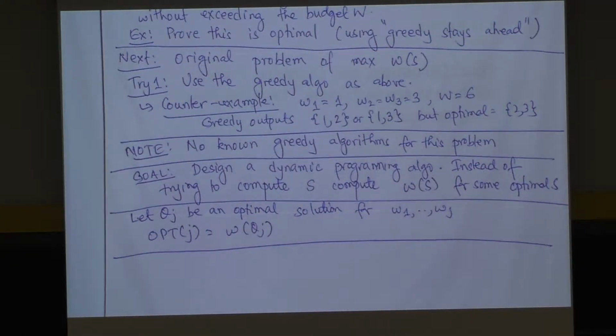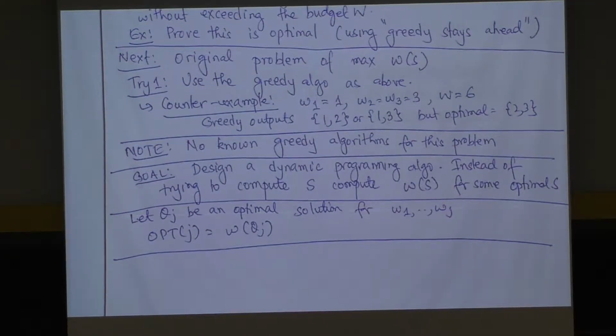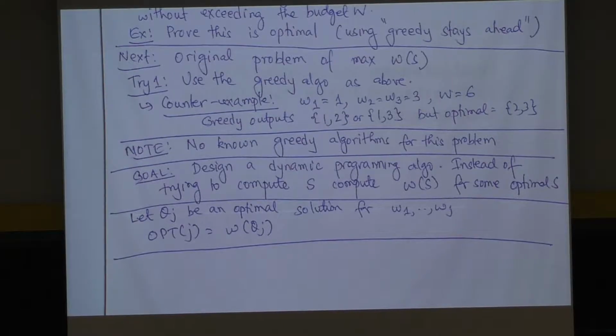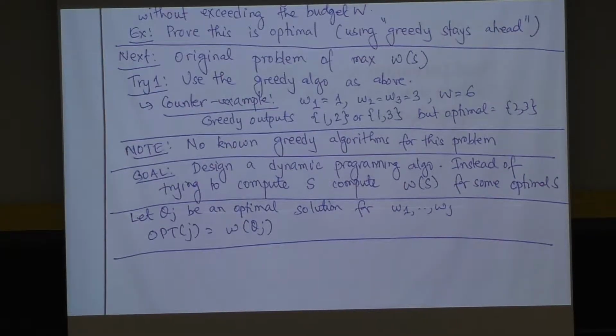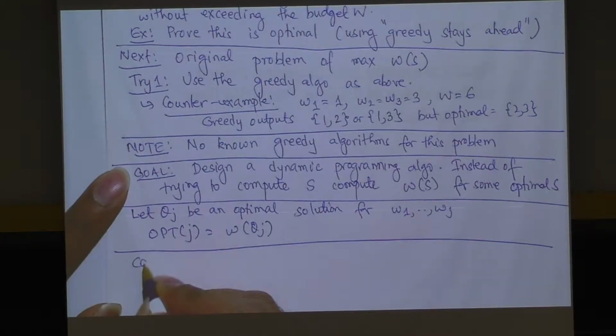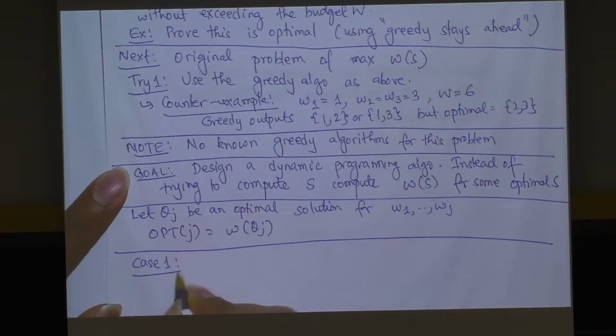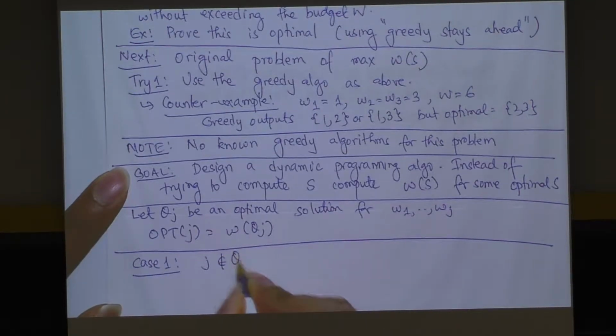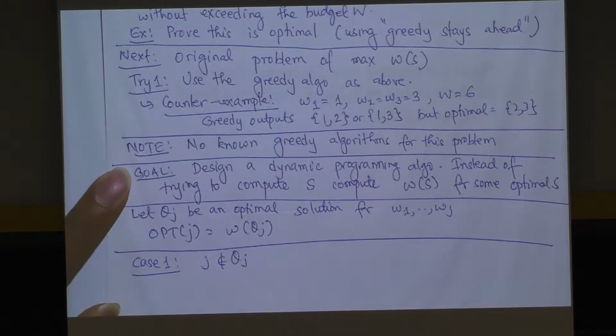So as we did for the weighted interval scheduling problem, we're going to try to see if j is in the optimal solution from 1 to j or not. And in both cases, we're going to try to derive an expression for what opt of j should be. And then we'll combine both by using a max operator. So case 1, let's assume j is not in the optimal from 1 to j.